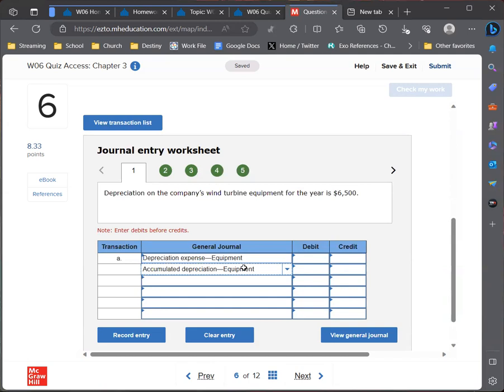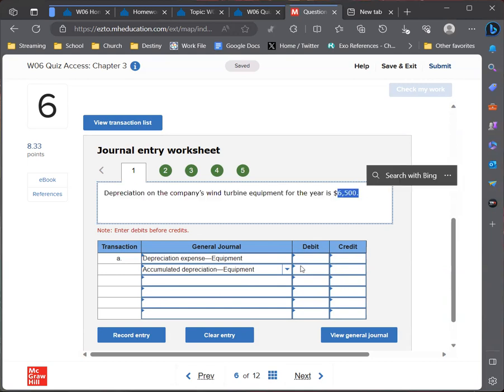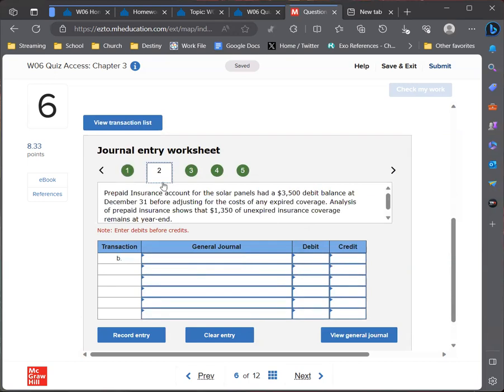It's related to the problem, so I don't think you'll have a problem finding out what to pick. Now, debit and credit. Since the only number that we have is 6,500, all we have to do is add 6,500 since there's nothing else saying otherwise. All right, let's move on.